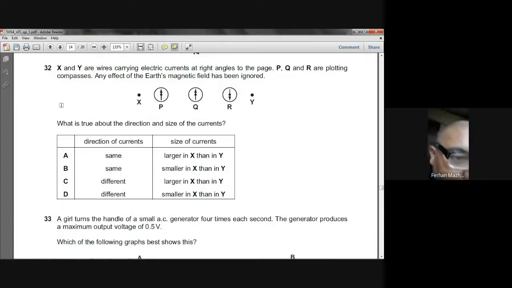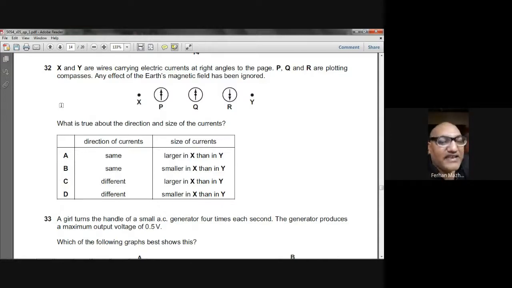Whenever you place a magnetic compass at any position, the alignment of the magnetic compass tells you the direction of the magnetic field. So near X, the magnetic compass P is telling you the direction of the magnetic field is towards the top of the page.